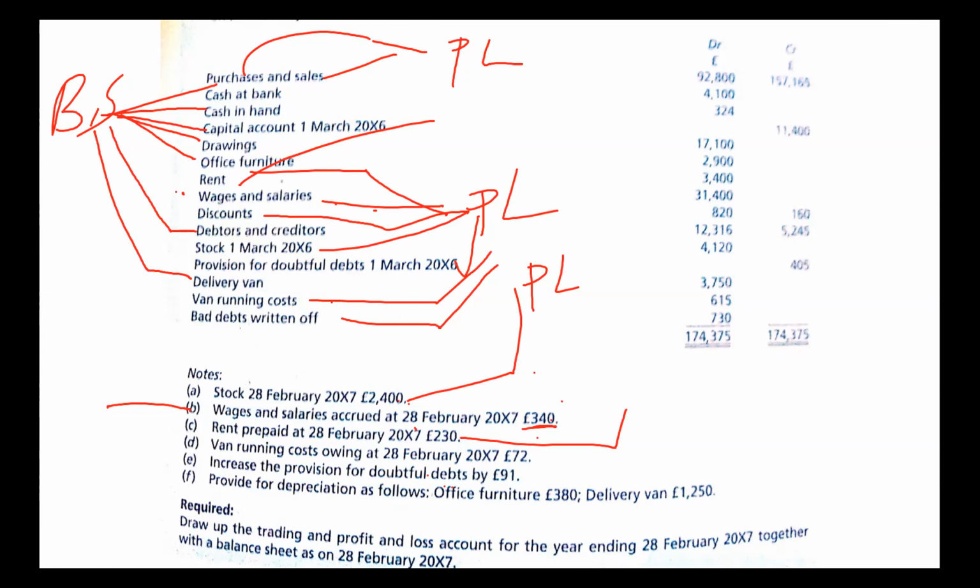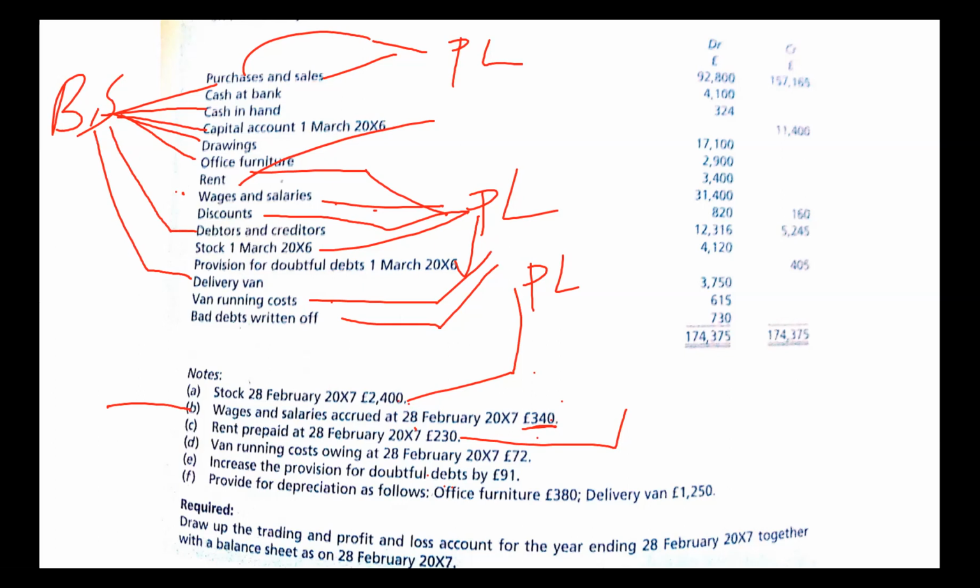What the prepaid rent means is that you have paid in advance, so there is a payment of the rent that was made in advance. Because of that, it cannot be counted as an expense, so you subtract that from the expenses. It's no longer an expense, it's a prepaid amount.